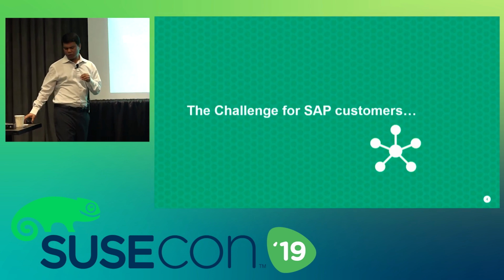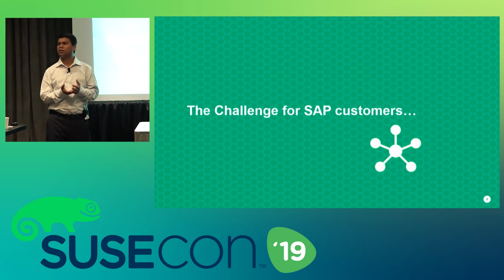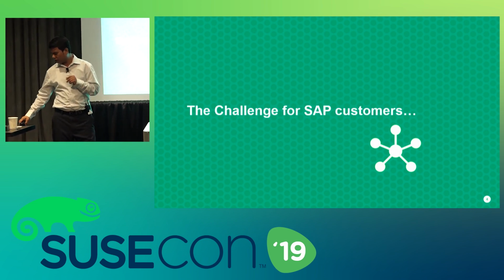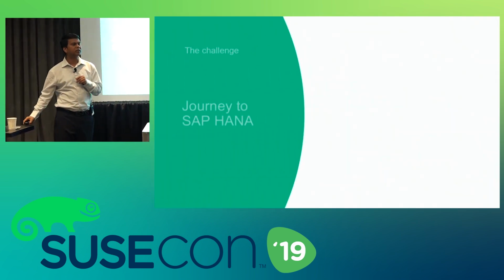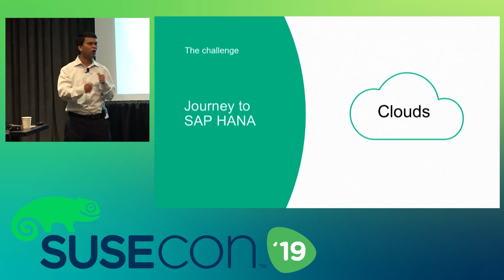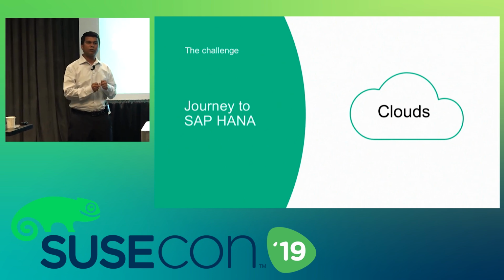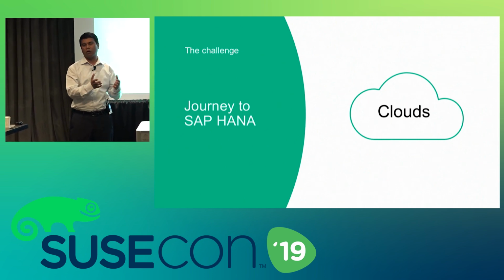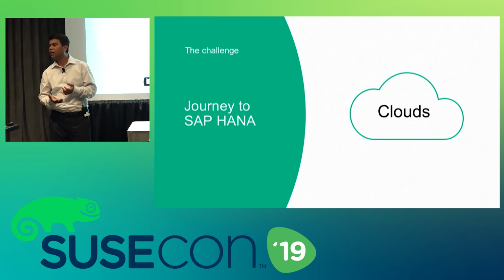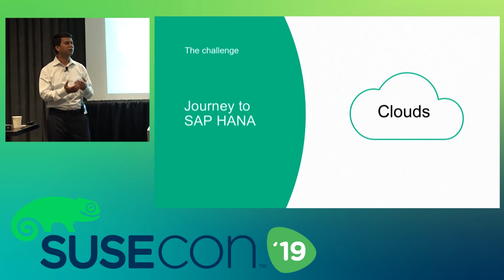All right. So let's talk about the biggest dilemma that most SAP customers have. There are two things going on in the SAP customers' world right now. They have two parallel tracks and both are running at a faster speed. Number one is that most customers want to move to HANA. The reason behind that is SAP has a statement out that by 2025, HANA is the platform.